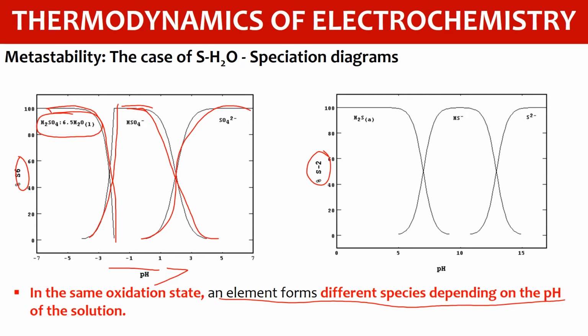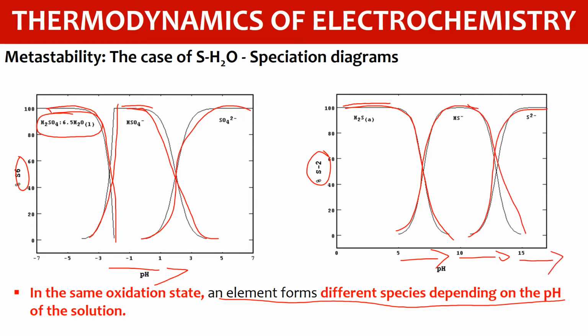The same again for your S2-. You can see that at lower pH, your S2- exists as H2S. If you increase your pH, it becomes unstable and your HS- becomes stable. When you increase your pH again, it falls down, and S2- becomes stable.